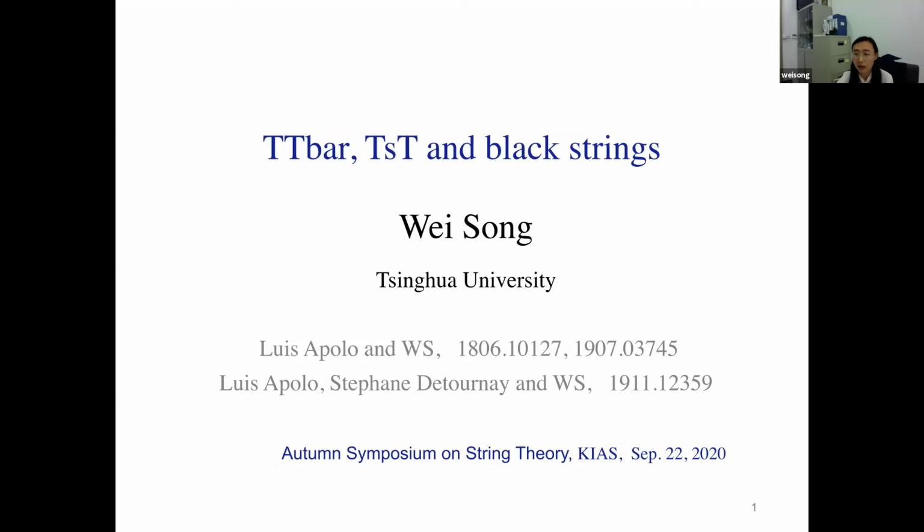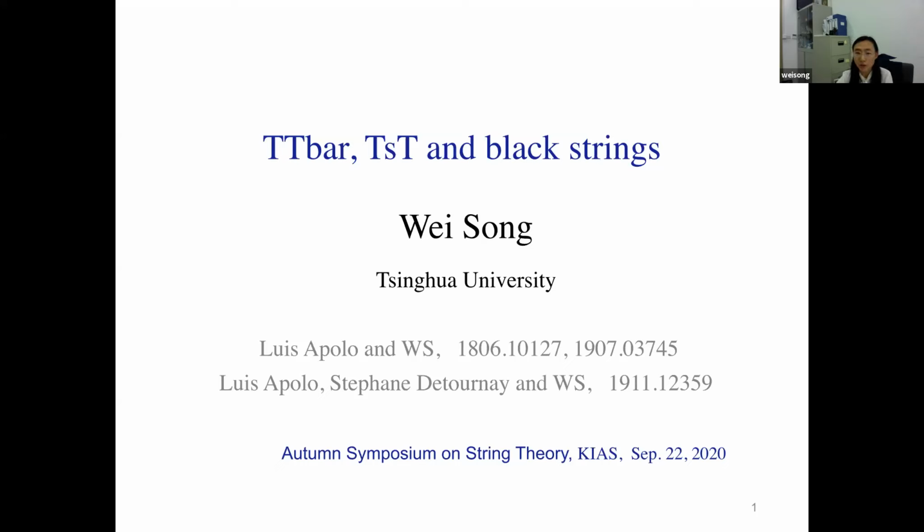It can be constructed using NS1 and NS5 branes and taking the near horizon limit. And we know that the near horizon has an AdS3 factor, and there is a CFT dual to this theory. On the other hand, this background has a weakly coupled string theory description described by the WZW model.